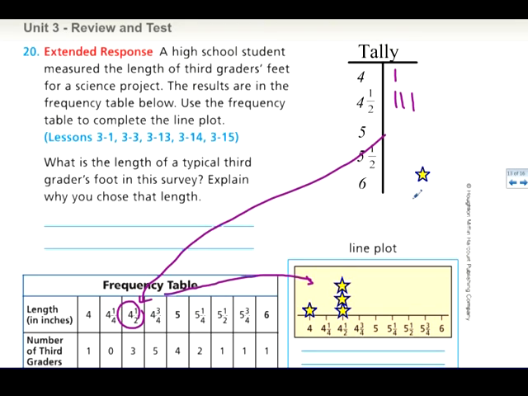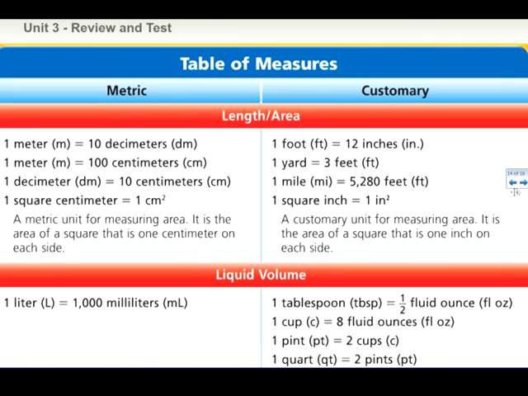Do you see how that works? So you go from tally, frequency table, to line plot. And you go kind of in that order because you gather the information, you organize it, and then this is like presenting it. The line plot is like the presentation mode. So that should help you.